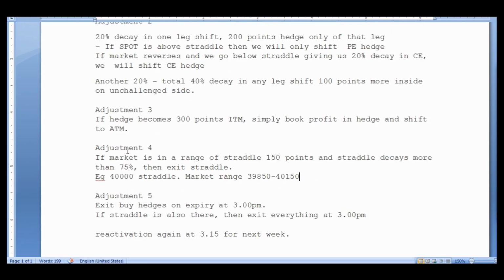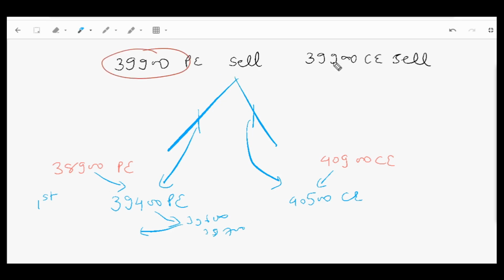And another is, if the market is in the range of the straddle, 150 points on either side, and the straddle has already decayed more than 75%, then we will exit the short straddle. So we have sold both these legs, and the market remains in the range of 300 points from the middle. So if the market is between 39,900 minus 150 points, which is 39,750, and 40,050.